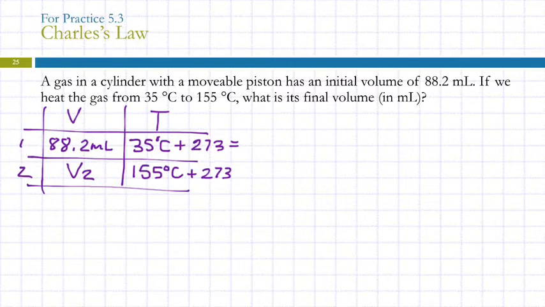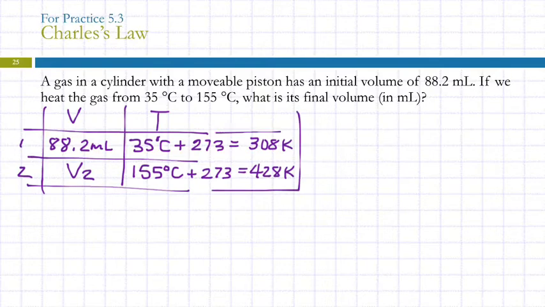So 35 plus 273 is 308, and 428. So we've got to use Kelvin.